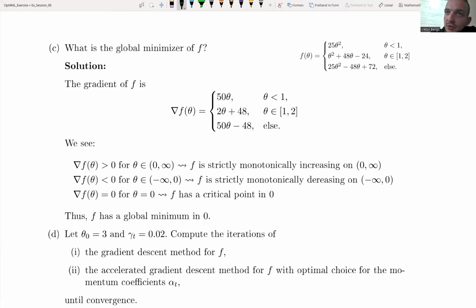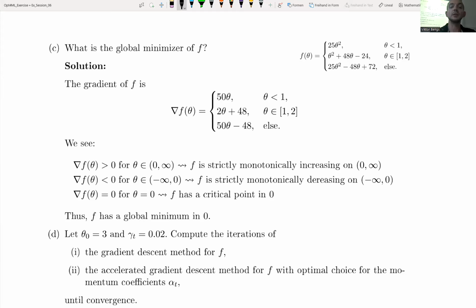Plugging in something strictly greater than 0 in the first case, we get something strictly positive times 50, which stays positive. In the other case, you still get something strictly positive. For the range from 2 till infinity, multiplying with 50, which is greater than 2, and subtracting 48 is still something strictly positive.